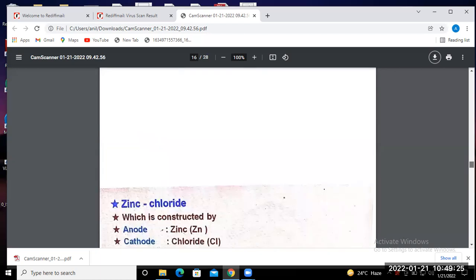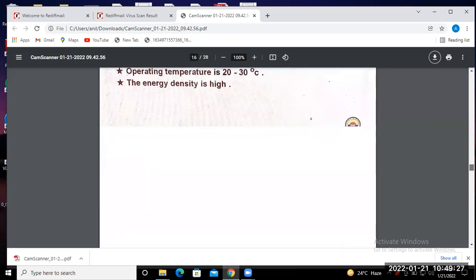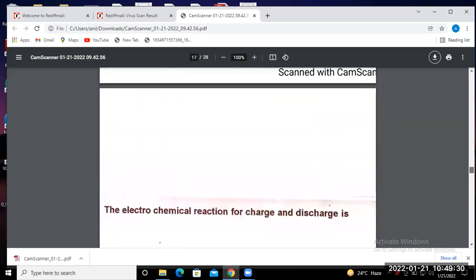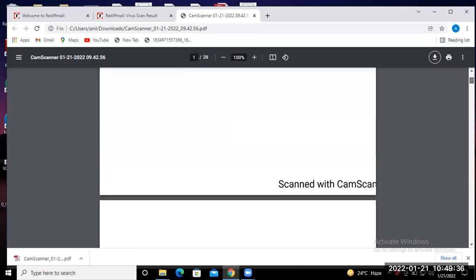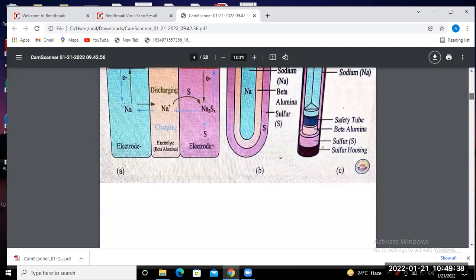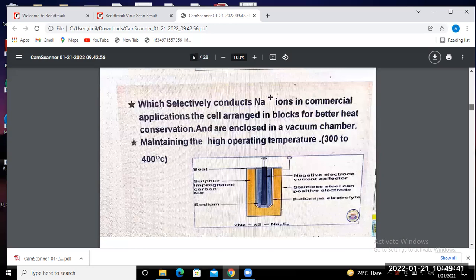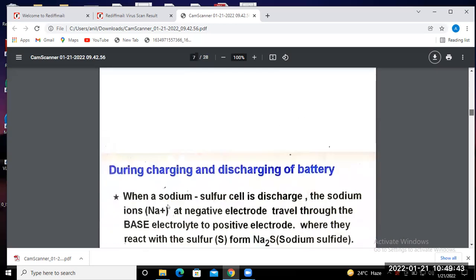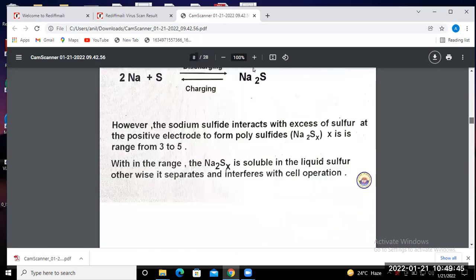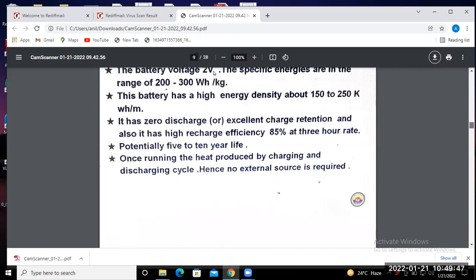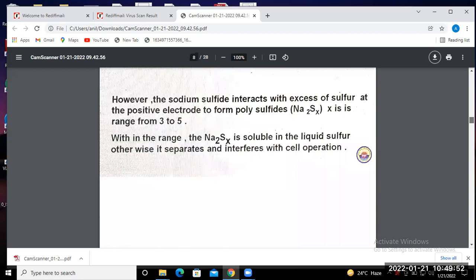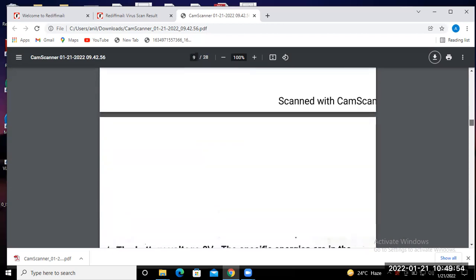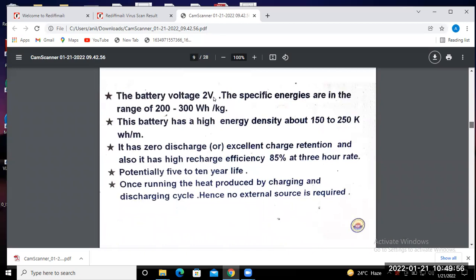We see here that we have to use zinc for the anode and chloride for the cathode. We already explained this one.